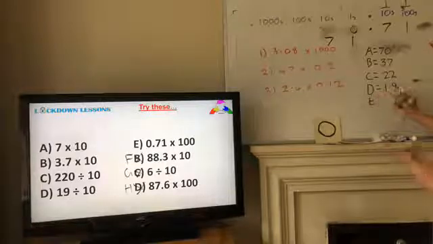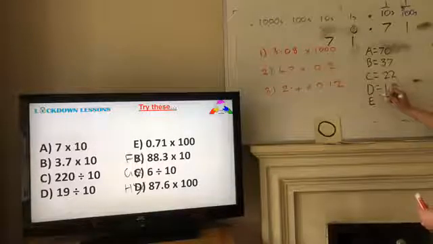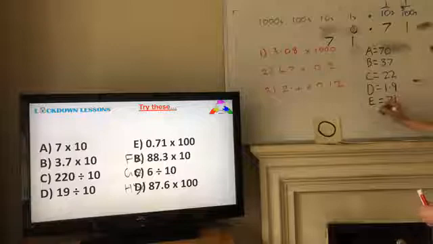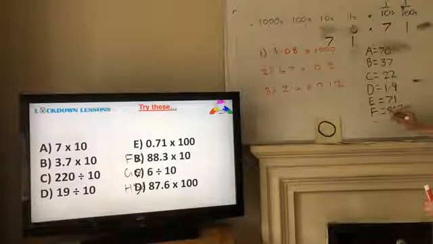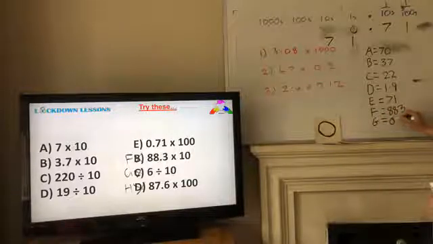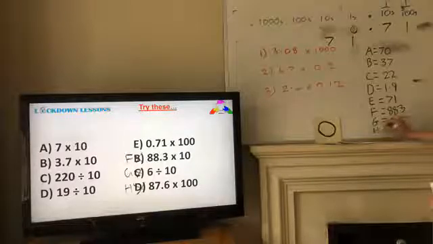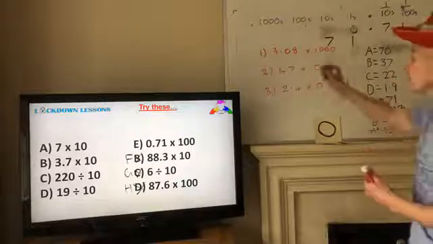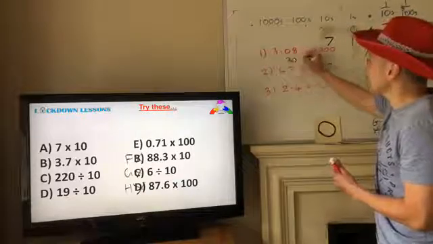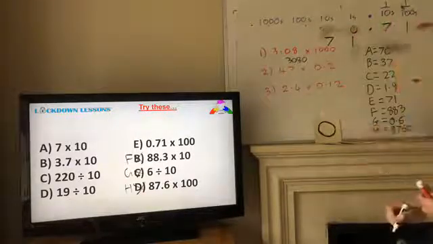E was 71. F was 883. G was 0.6, so that's not even a whole one. And H was 8,760. If you try the super challenges here, okay, first one here is 3080, so 3080.